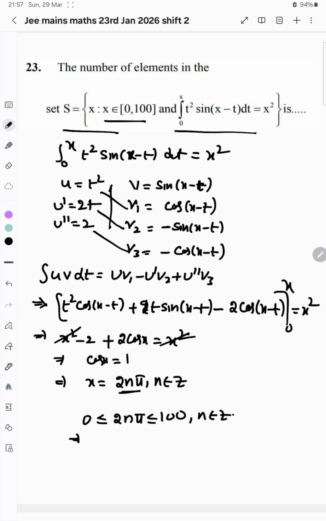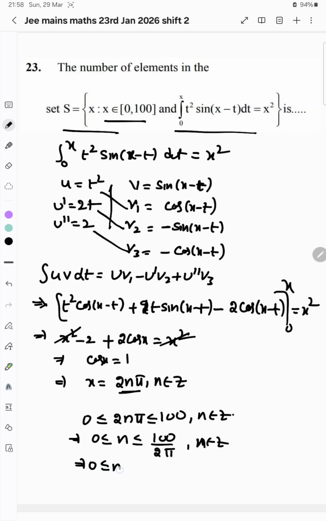Let's divide the entire inequality by 2 pi first. So 0 less than or equal to n less than or equal to 100 by 2 pi, n is an integer. Fine. Now 100 divided by 2 pi, whatever result we get, from 0 to that result, the number of integers in between is the number of elements in the given set.